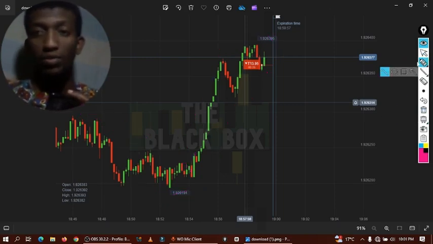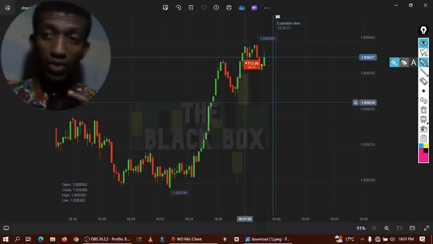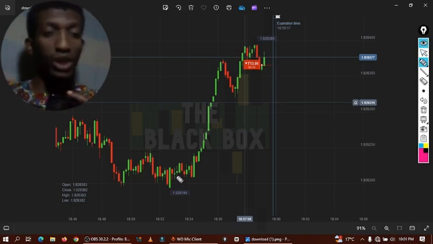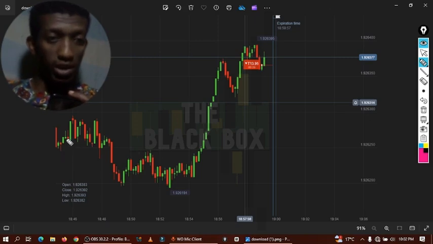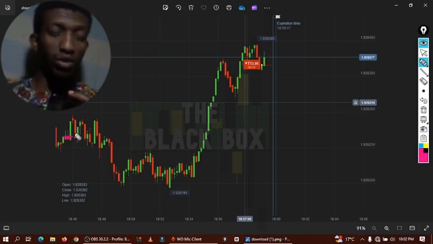So let's get back to our black box. Do you see any black box from there? Exactly right there. There's two candles from the black box. That is a buy, I'm saying.